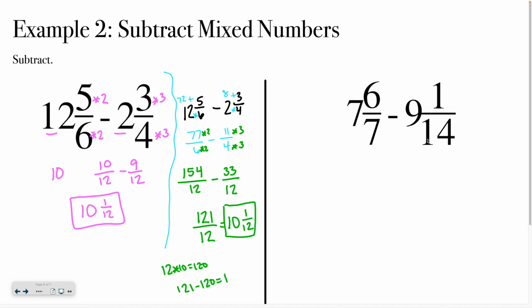All right, looking at the second one, I see that I have a 7 and a 14, so I know ultimately I'm going to change the 7 into a 14. But before I do that, I see that I have a small number minus a big number.